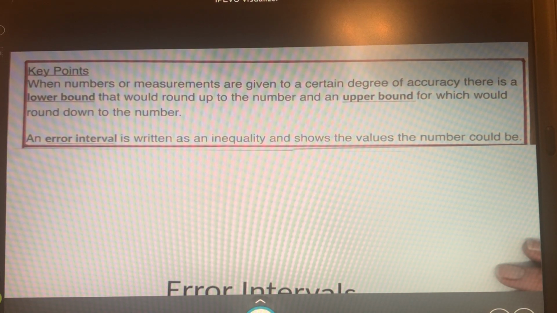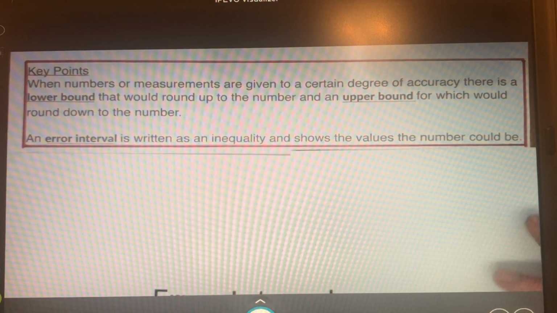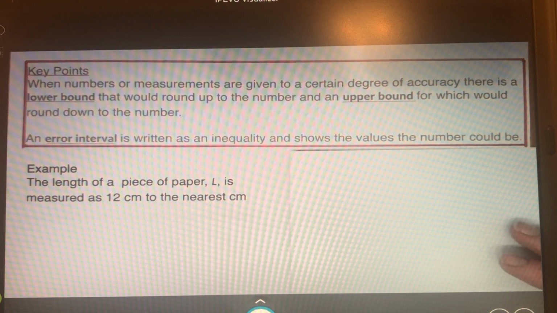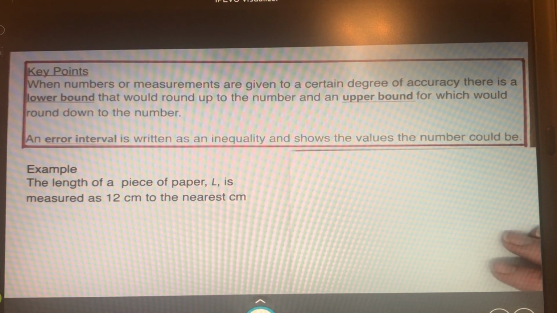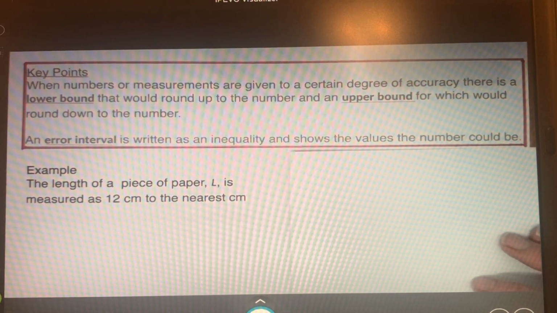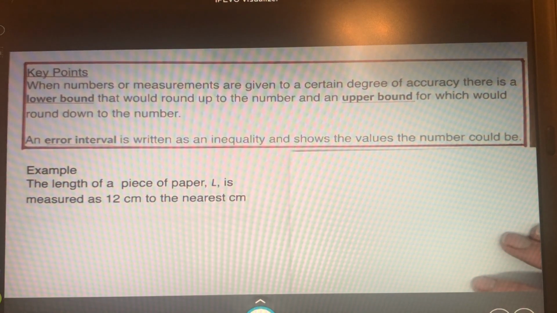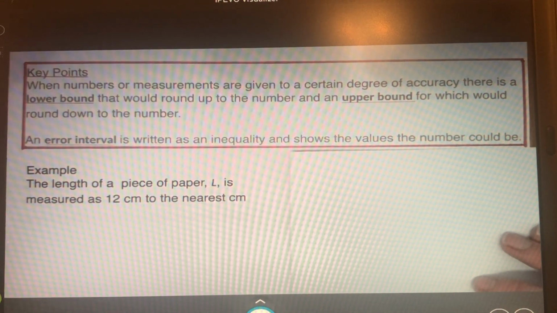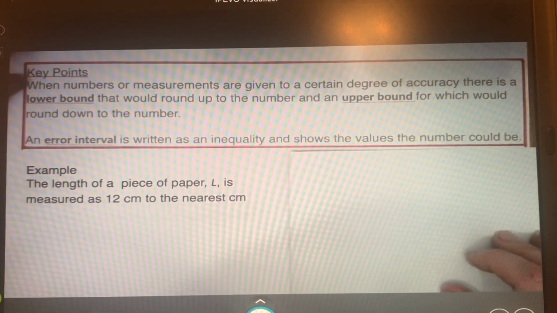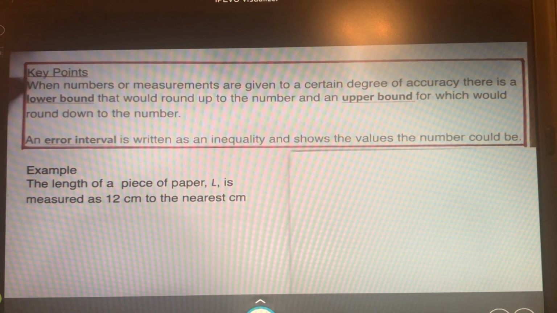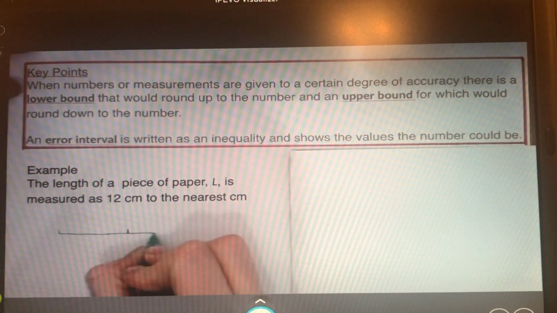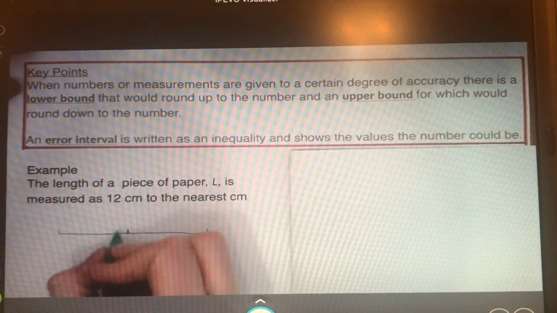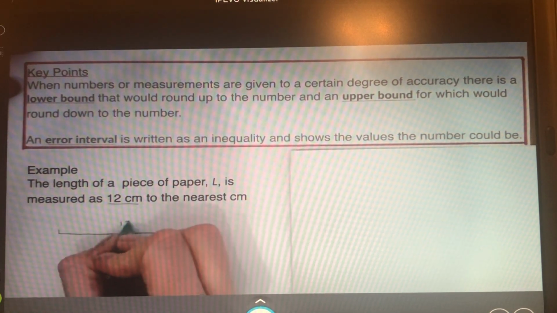Okay, example 1. A length of a piece of paper L is measured to 12 centimetres to the nearest centimetre. So the first thing we want to do is find our bounds. So we draw a number line and we pop our value in the middle.